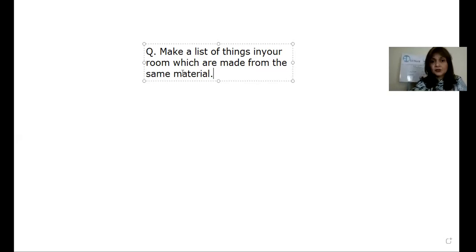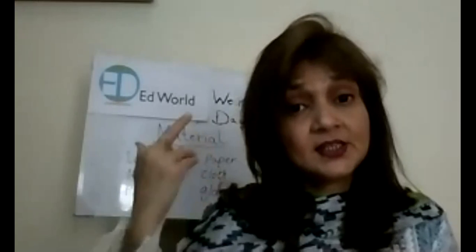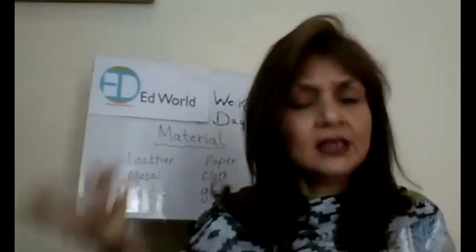Okay, so you have to make a list of things in your room which are made from the same material. Got it? Written the question? Great. Now, I'm going to give you 12 minutes for this task, and it's writing and drawing. You have to draw the pictures, small pictures you can easily draw.